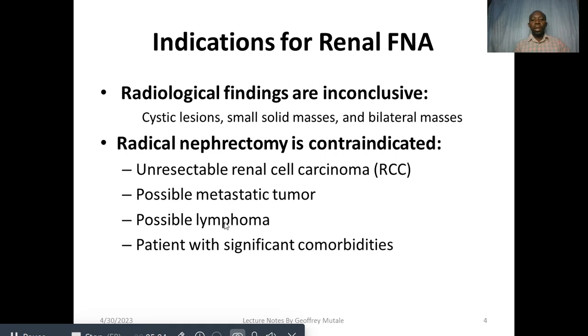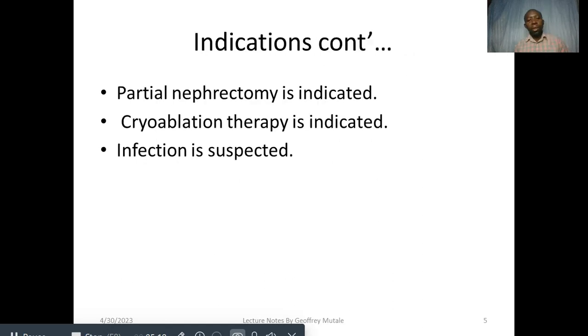And then also what we need to take into consideration is patients with significant comorbidities, where we may need to draw a clear line.